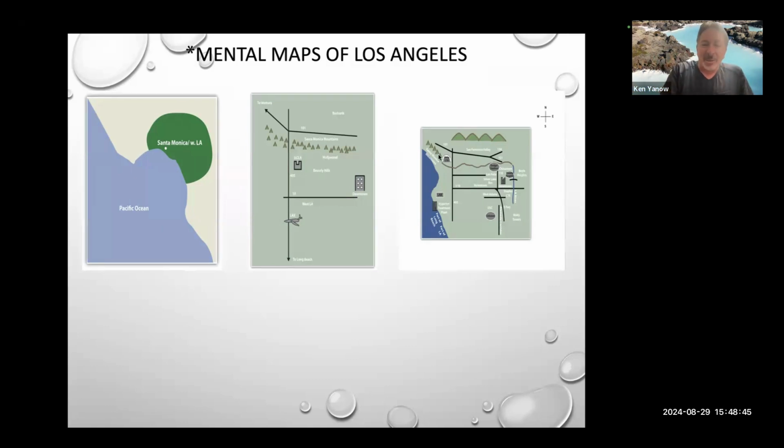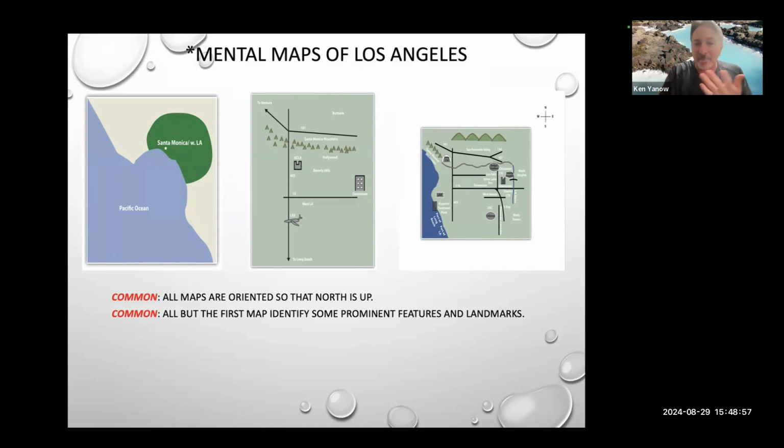And so, again, when we take a look at mental maps, when we look at all these mental maps here, we know that north is up. That seems to be sort of a common practice that most people think that north is up. So, okay, cool. All but the first map identifies some prominent feature and landmark. Great. But what's not common is one map highlights Staples Center, Dodger Stadium, and the Coliseum.